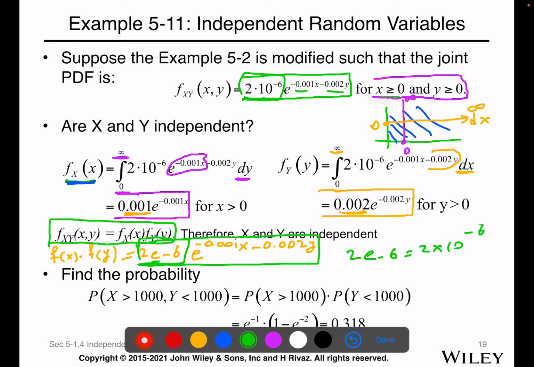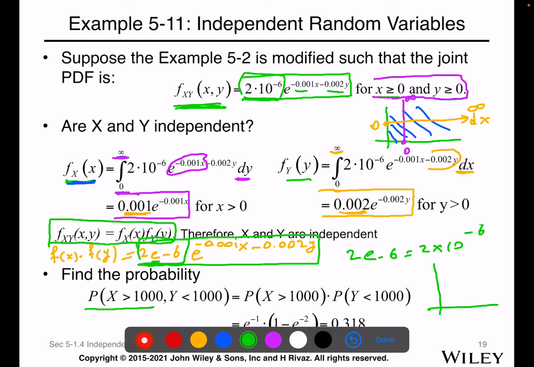Since we proved that the product of the marginals is equal to the joint PDF, x and y are independent. The next part of the question wants the probability of x more than 1,000 and y less than 1,000. Whenever a probability is needed, we have to draw the range.